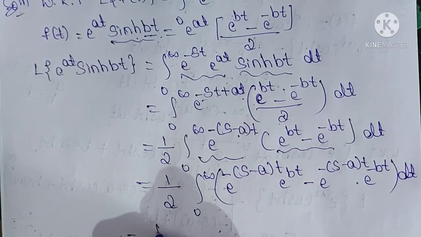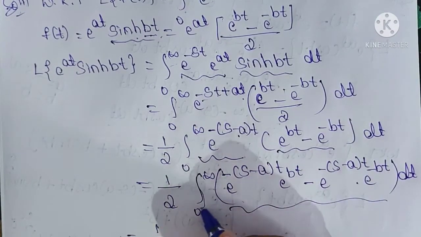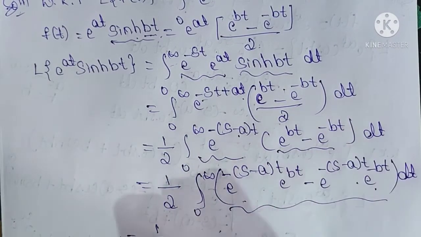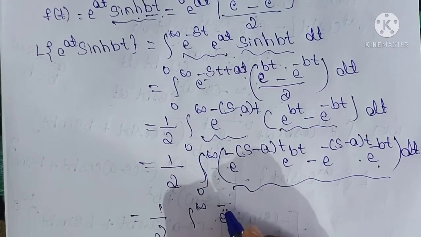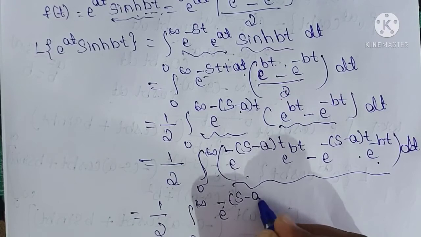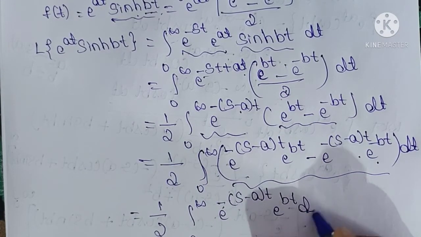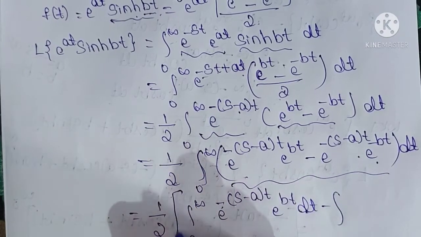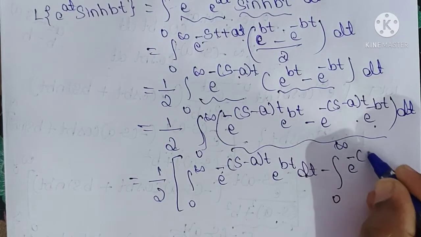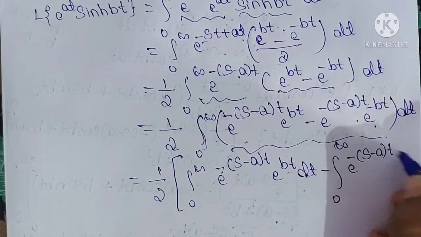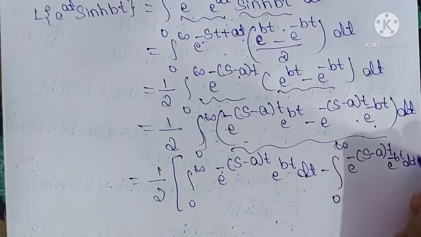This implies 1 by 2, apply the integration factor to these two terms, then we'll get 0 to infinity e power minus s minus a of t, e power bt dt, minus 0 to infinity e to the power of minus s minus a of t into e power minus bt dt.